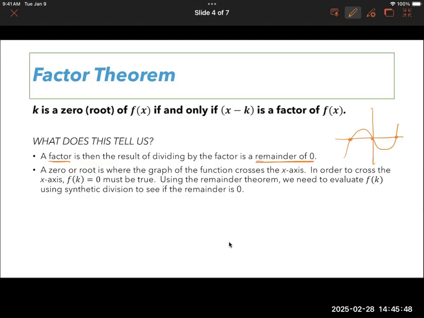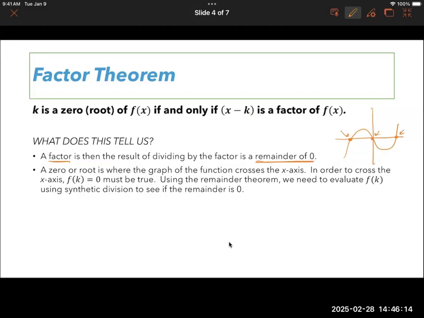Well, in each of those places, in order to cross the x-axis, the f of k has to equal 0. Our y values in each one of these are equal to 0. So using the remainder theorem, we're realizing that we need to evaluate f of k using the synthetic division to see if our remainder is going to be 0.